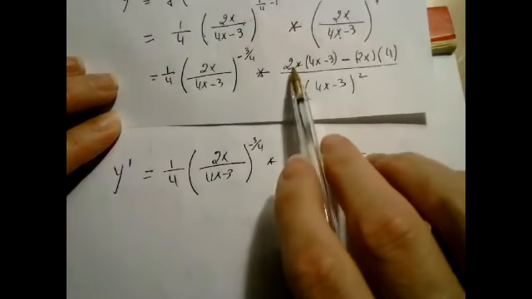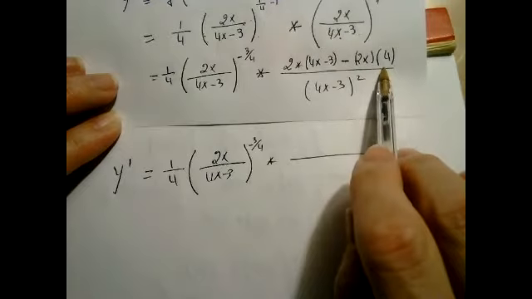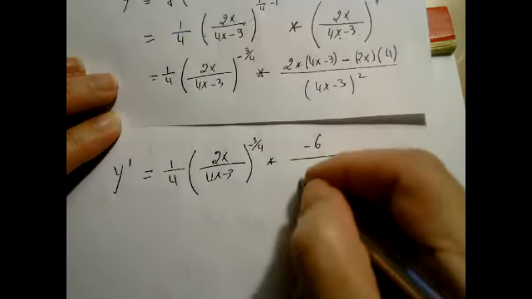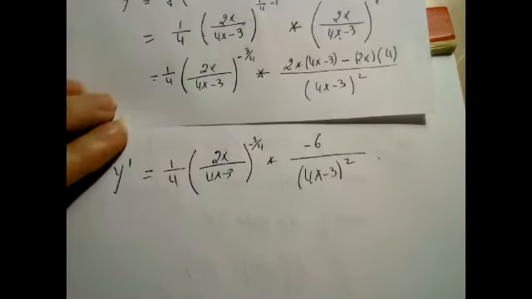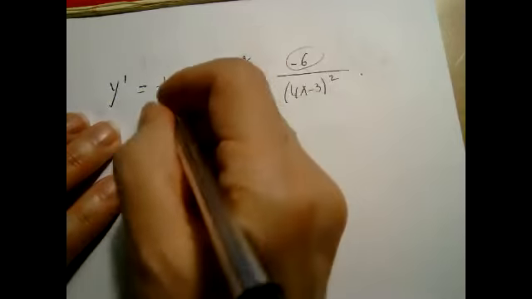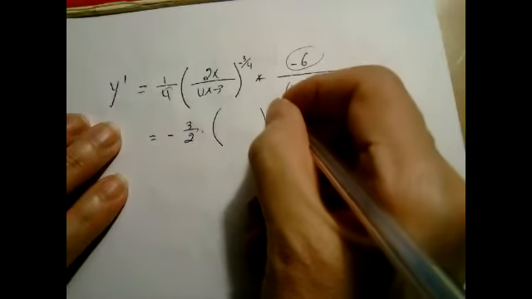Okay, here what will I get? 8x minus 8x, they simplify. 2 times minus 3, that's a minus 6 over 4x minus 3 squared. Now the rest, we can let it look a little bit nicer. Minus 6 over 4 will give me minus 3/2. This you can keep the way it is.